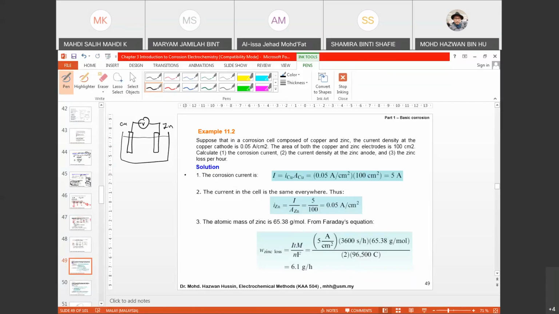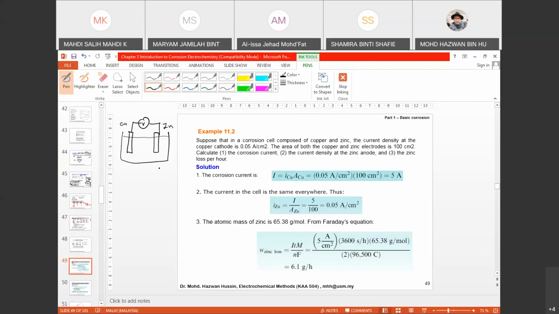All right, so my first question is, what will be the anode and what will be the cathode? Can anyone answer that? Zinc will be the anode. Okay, zinc will be the anode. Mariam, okay, thank you, Mariam. Zinc will be anode and copper will be cathode.